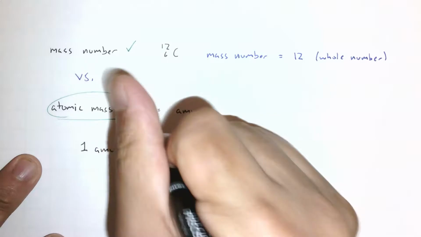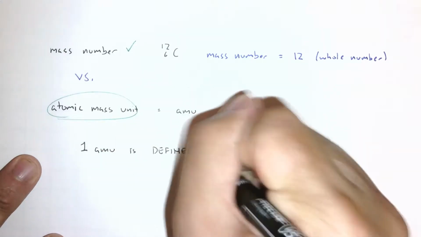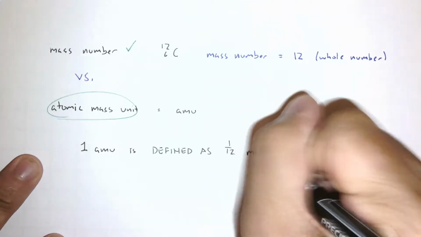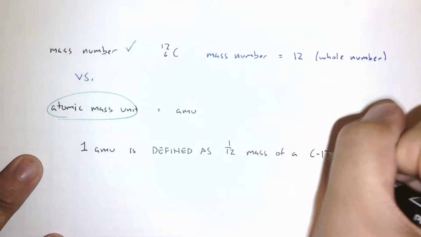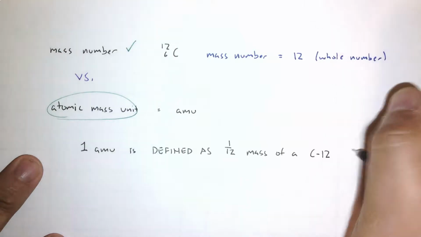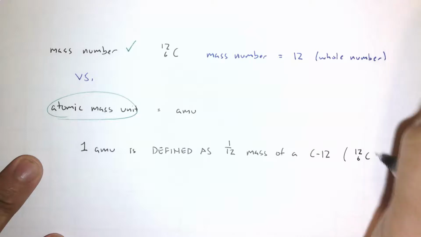So 1 AMU is defined as 1/12 the mass of a C12 isotope. This is the same thing as writing the isotope like that.